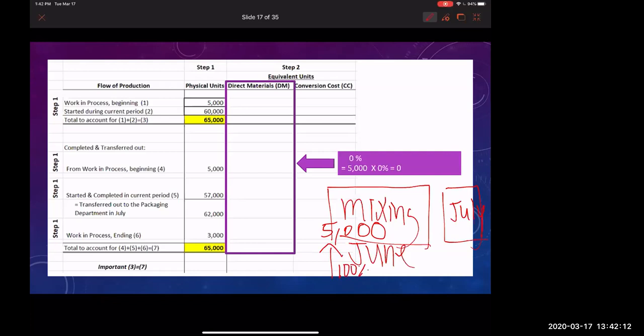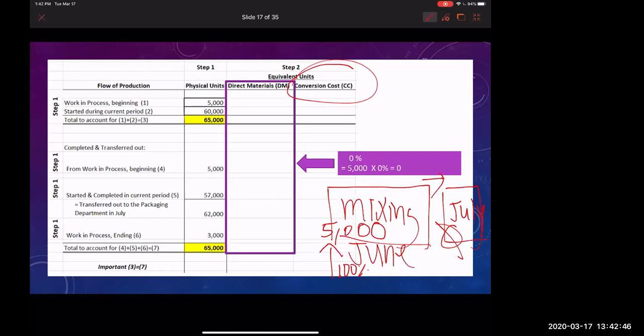So when we start working on these 5,000 gallons again in July, because all 5,000 was added in the prior period, there is nothing to add in July. The only thing we're going to be adding in July is conversion costs. So if 100% of the materials is added in a prior period, the only other thing left to add in July is conversion costs, okay?